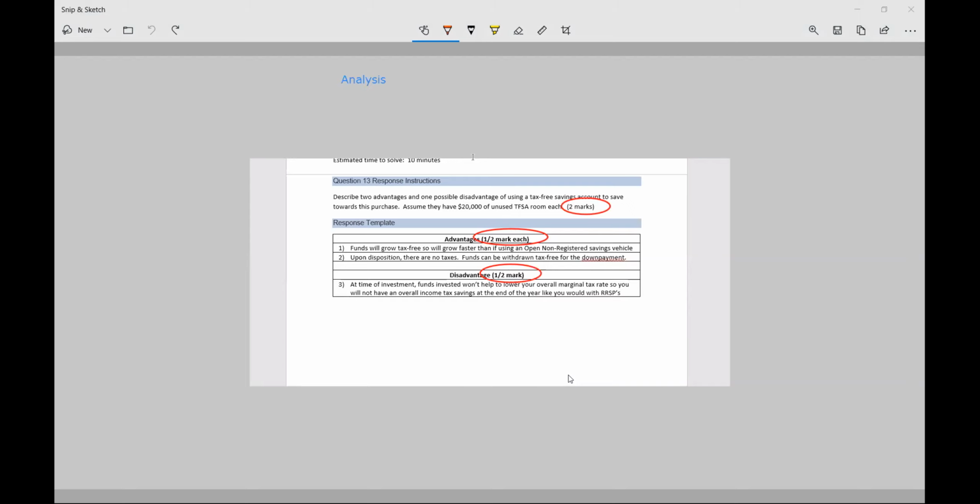Okay, what do we think about this first point? Is this good? Tax-free growth? Yep, I would give that. Nice, easy one. And then what about point number 2?